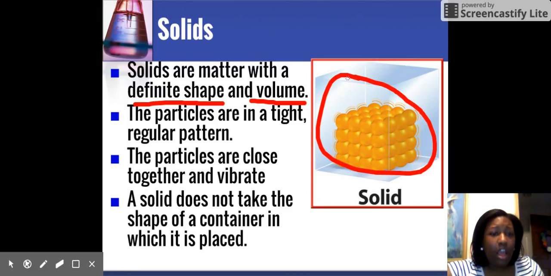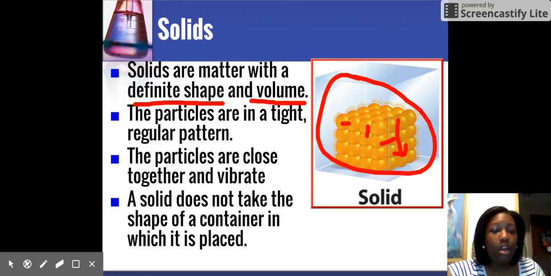The particles are in a tight, regular pattern, just like you can see in the picture to your right. You can see the molecules are very tight, secured, and lined up right next to each other. It's in a line, so not only is it linear across, but they also go up and down, as you can see.